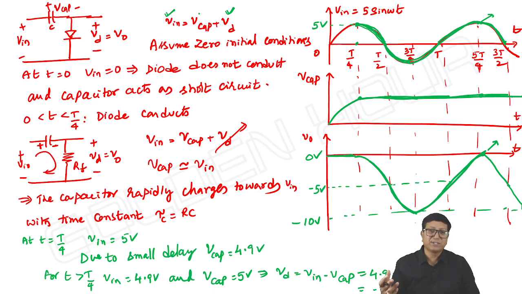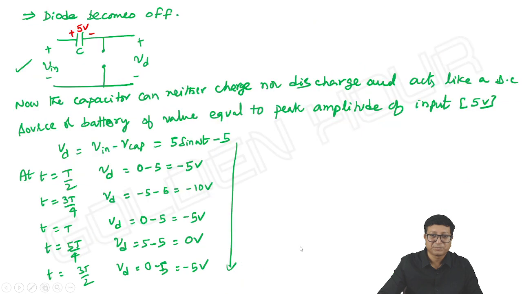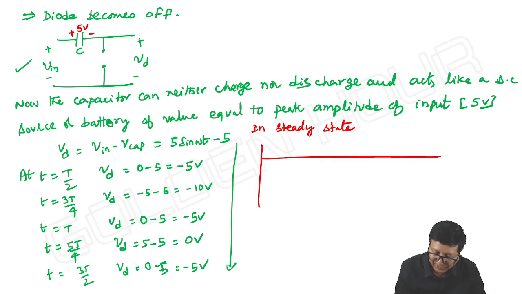And removing this transient, looking at the steady state output, in steady state, neglecting the transient response, the output is given like this.